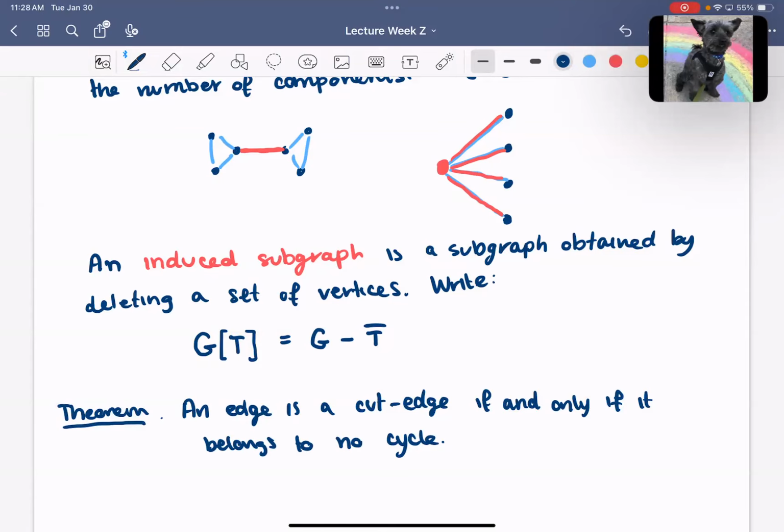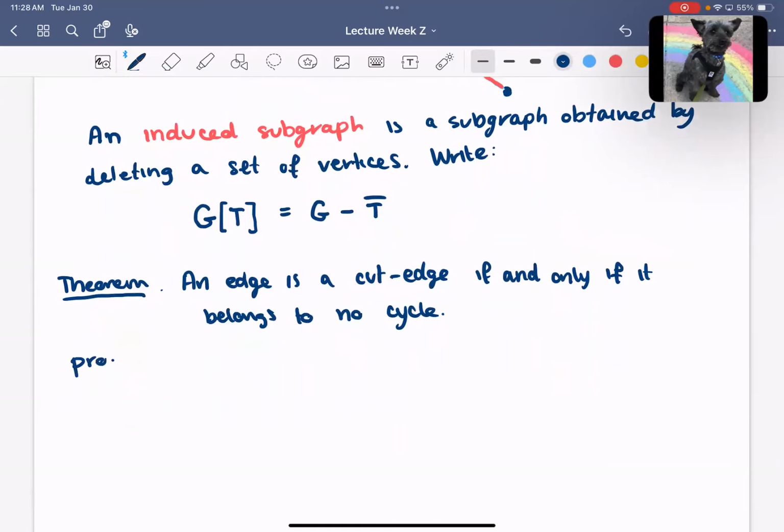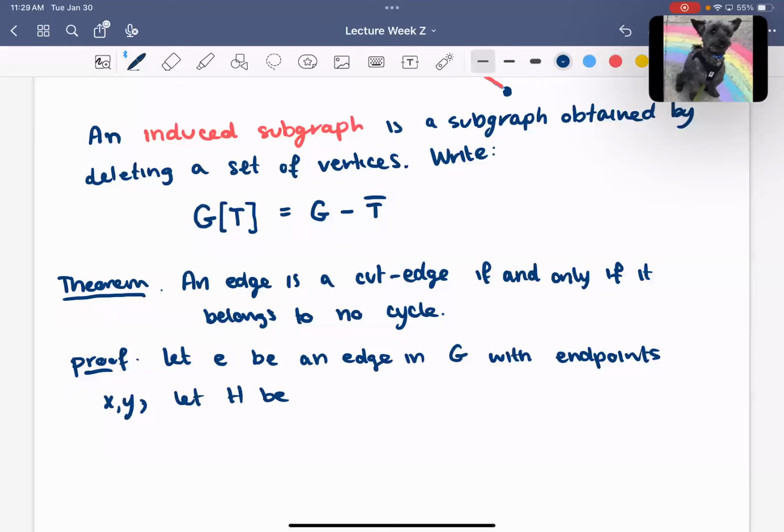Okay, so let's prove this. I'm going to let E be an edge in a graph G, and let's call the endpoints X and Y. And I'm going to let H be the component containing E. This argument won't depend heavily on whether or not the graph G is connected, so we're just going to focus on whichever connected component contains that edge.